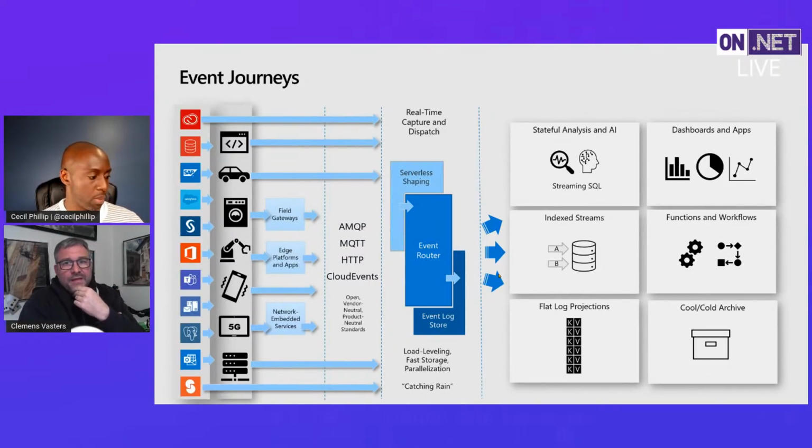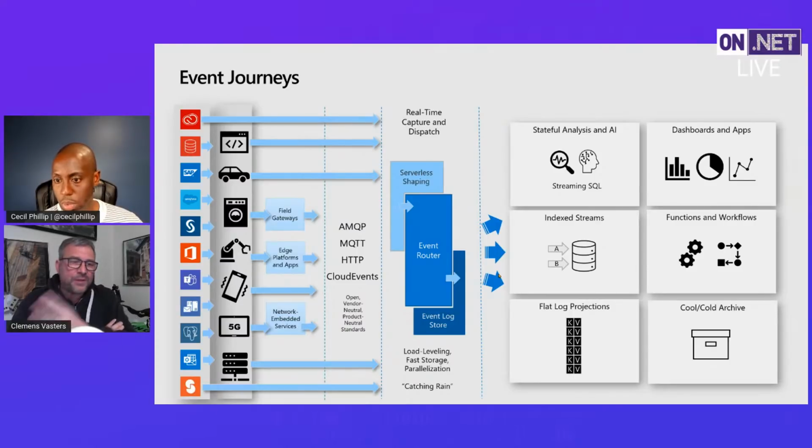Events come from many different sources, and with Logic Apps, for instance, which has the same adapters as Power Apps, we have like 380 different adapters where we can acquire events from different sources. And then we have a whole suite of edge systems and integrations into industrial IoT, etc., where we can also acquire tons of events, which is also part of the story, which we then flow towards our routers.